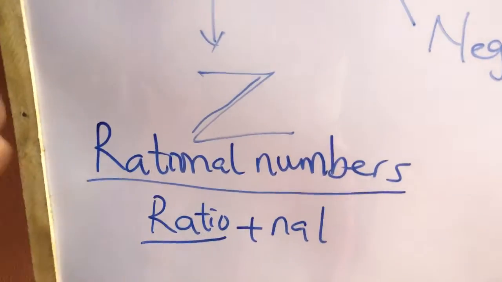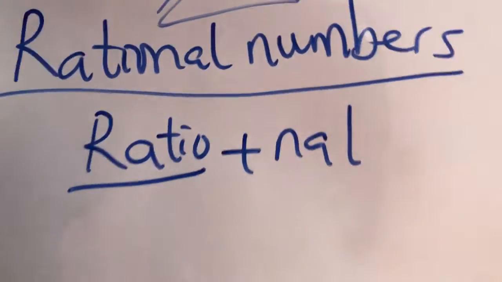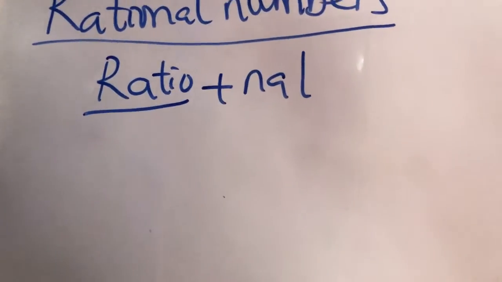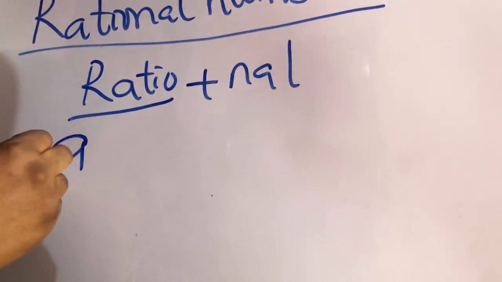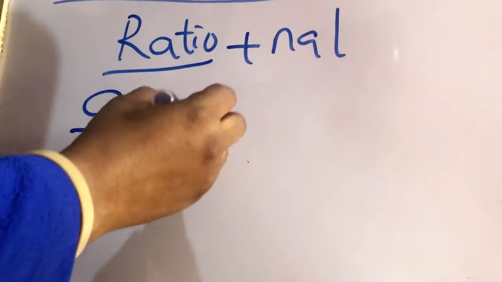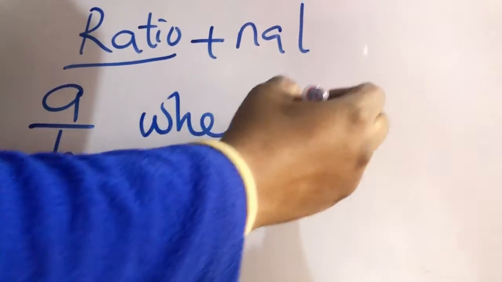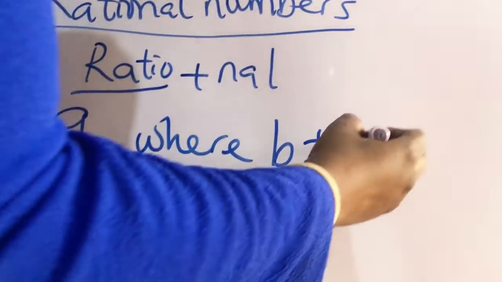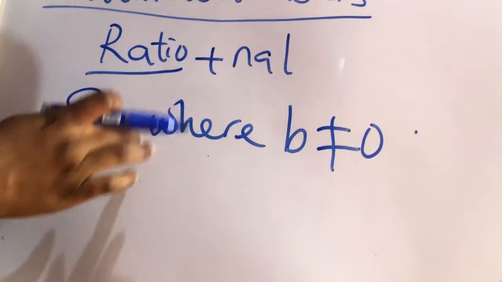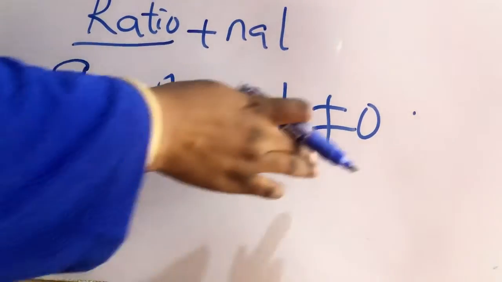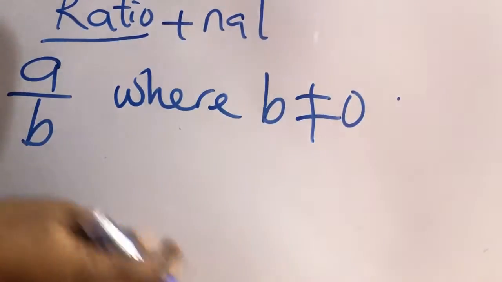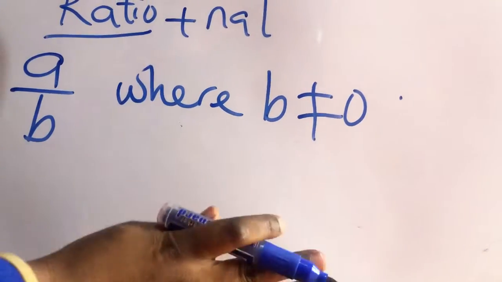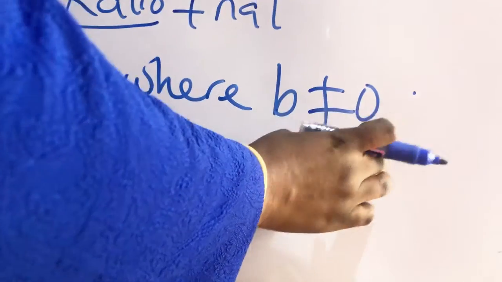So we can define rational numbers as the numbers that can be expressed as a ratio A divided by B, where B is not equal to 0, and A and B are integers. If you want your number to be valid, the denominator of a fraction must not be equal to 0.